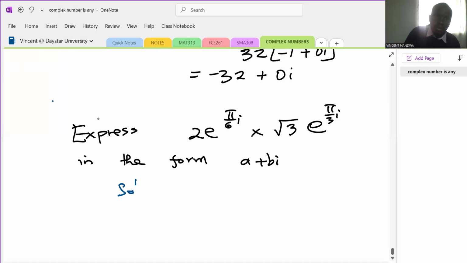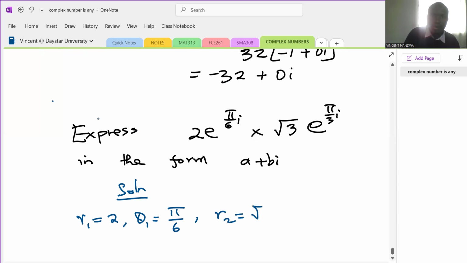So solution here. R1 is 2, theta 1 is pi over 6, R2 is √3, theta 2 is pi over 3.